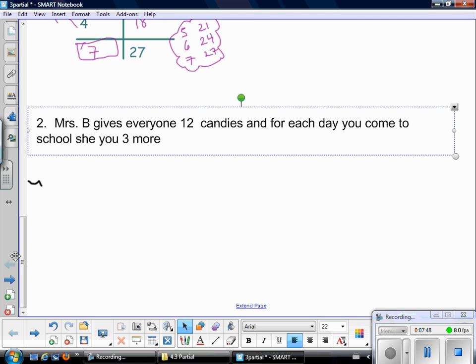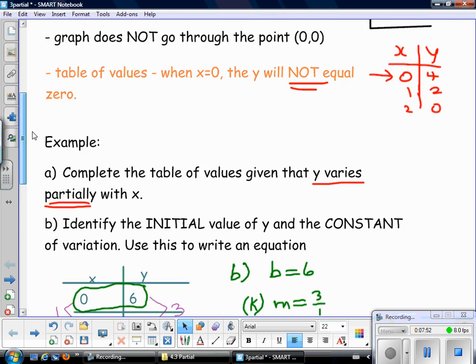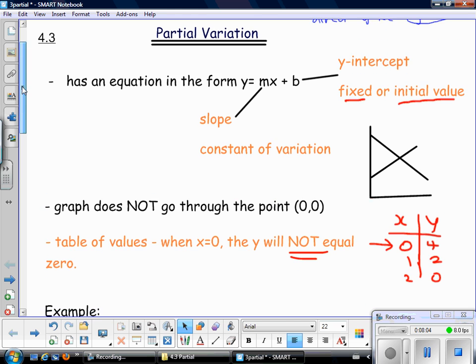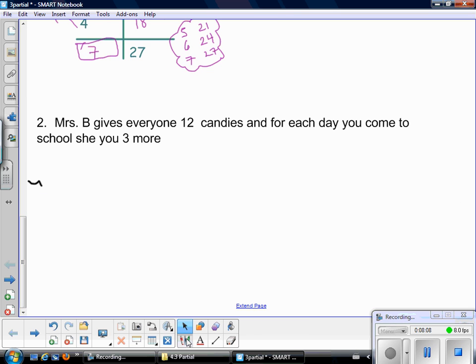Well, if we look back at this, I know you need to copy that down yet, but we have our slope, or the constant of variation, and we have a fixed or initial value, which is our b. So here our initial value is, guess what? Mrs. B is going to give you 12 candies. So that is my b. That's the initial value to the situation.